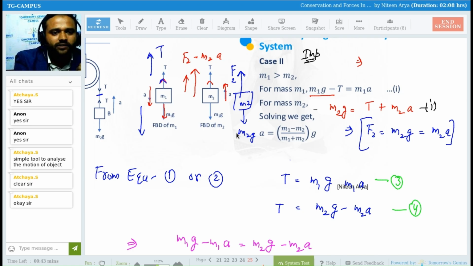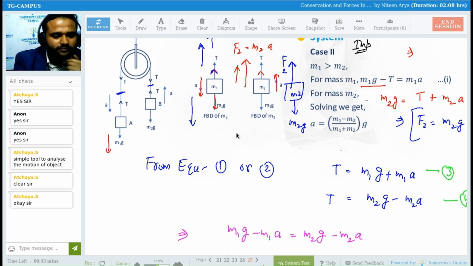Here it is going to be positive, because you can see tension and this, I mean, okay, wait, this m1g and force F1 are in the same direction, na? Clear? And from here itself, it is not correct even.